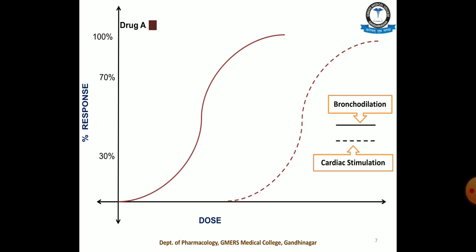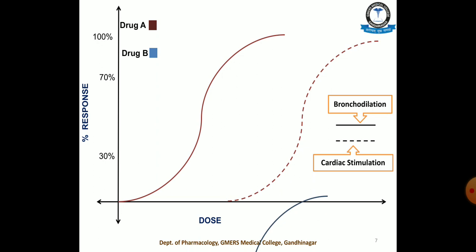What is the difference between the dose response curve of therapeutic effect and adverse effect? The difference is that the amount of the drug A required to produce the therapeutic effect is significantly less as compared to the amount of the drug A required to produce the adverse effect, that is cardiac stimulation. So the drug is relatively safe in a lower dose range. Okay.